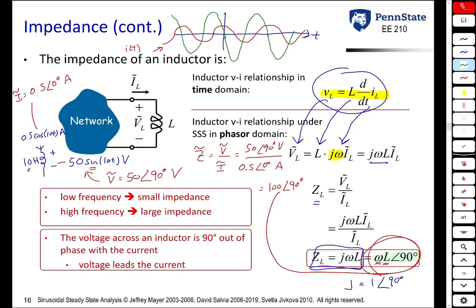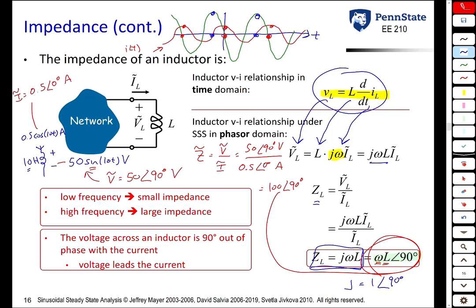So a couple things we note. When the current is maximum, the voltage is going to be 0. And when the voltage is maximum, the current is going to be 0.